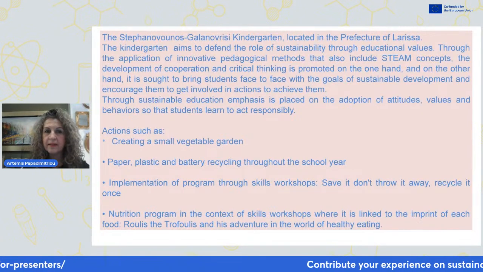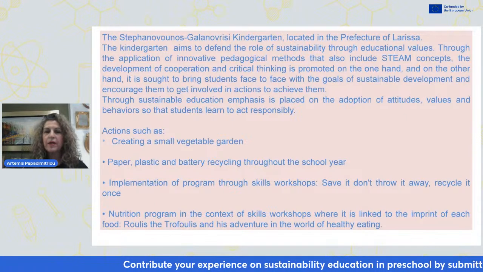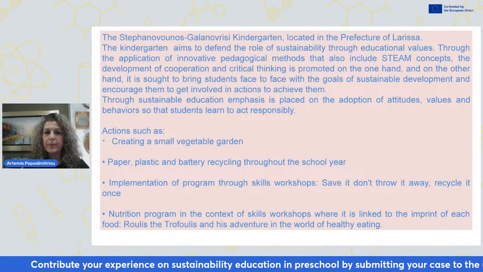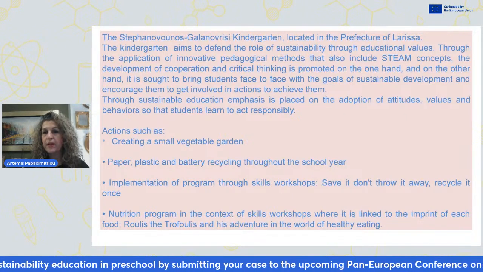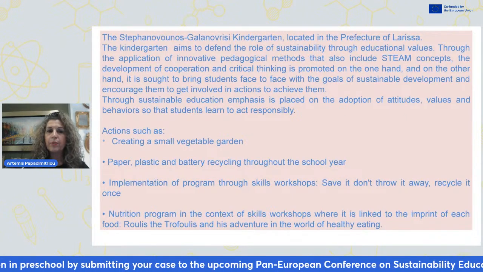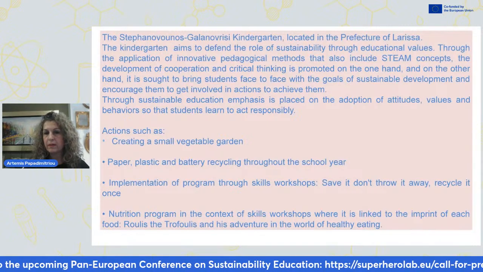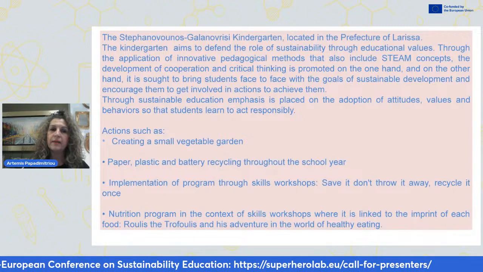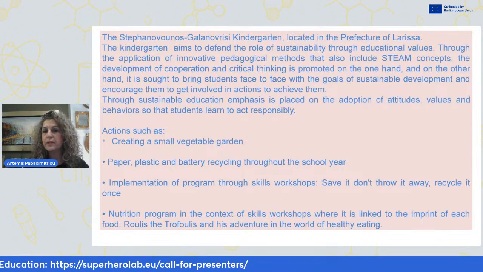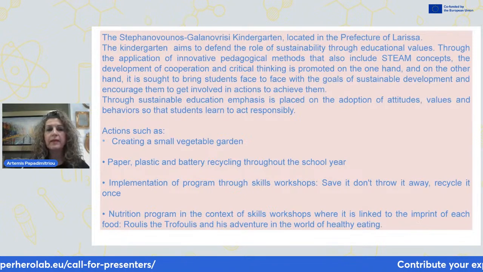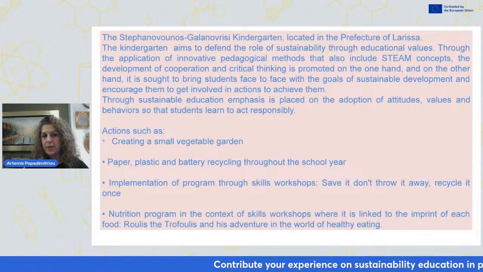The kindergarten aims to defend the role of sustainability through education values, through the application of innovative pedagogical methods. It also includes STEM concepts. The development of cooperation and critical thinking is promoted on the one hand, and on the other hand, it seeks to bring students face-to-face with the goals of sustainable development and encourage them to get involved in actions to achieve them.